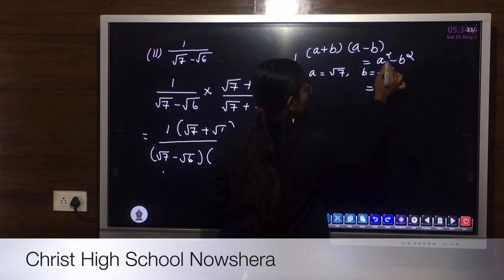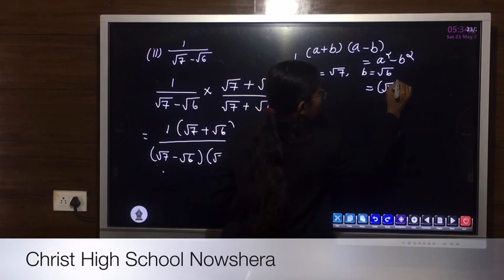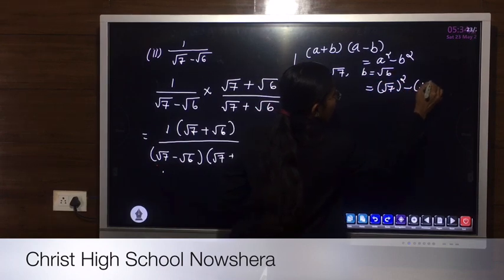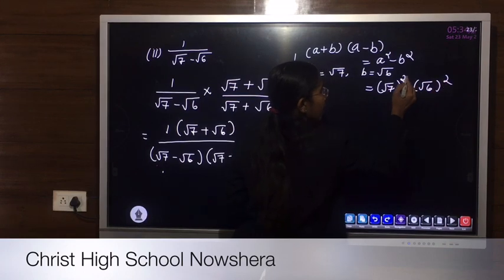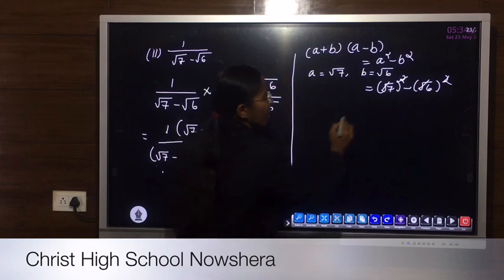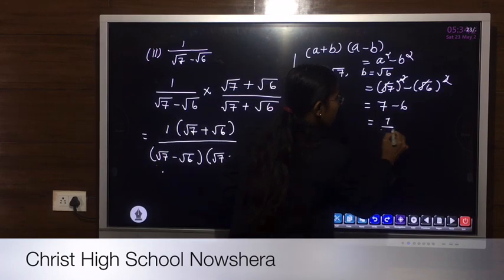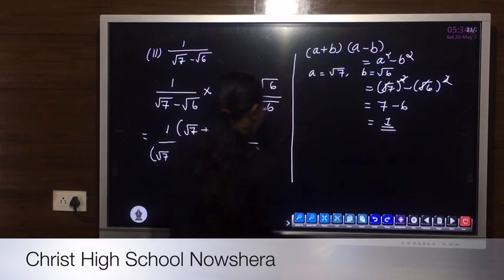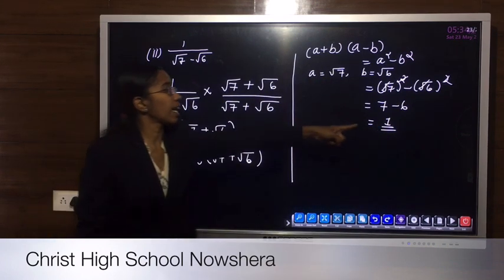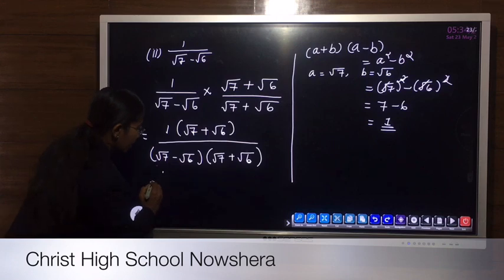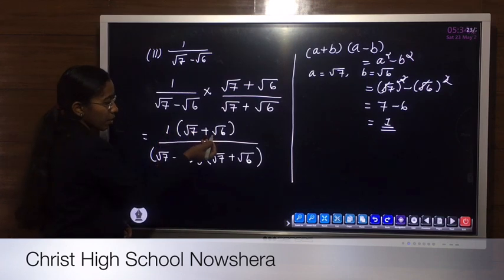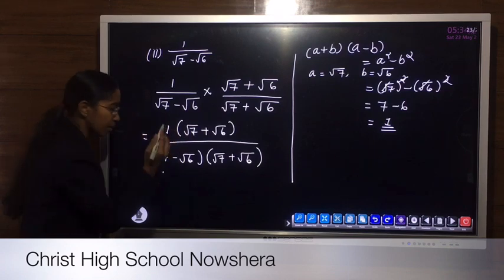What is a square minus b square? That is equal to root 7 square minus root 6 square. Here we can cancel square and root. Here also we can cancel square and root. Answer is 7 minus 6, that is equal to 1. So substitute that value here. 1 into root 7 plus root 6 means any number multiplied by 1 is that number itself.